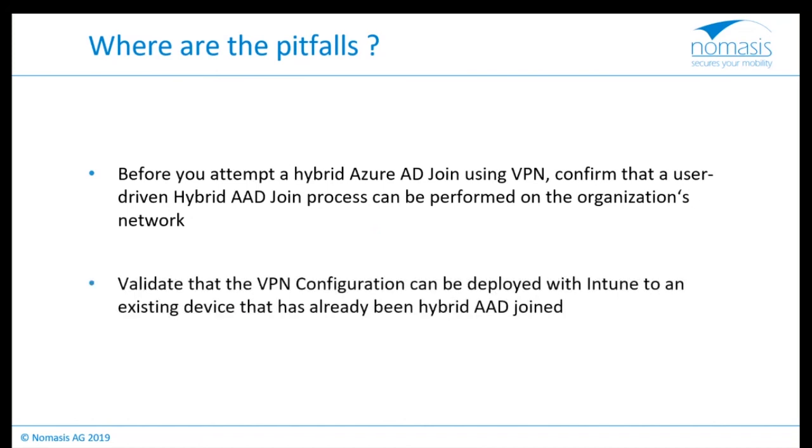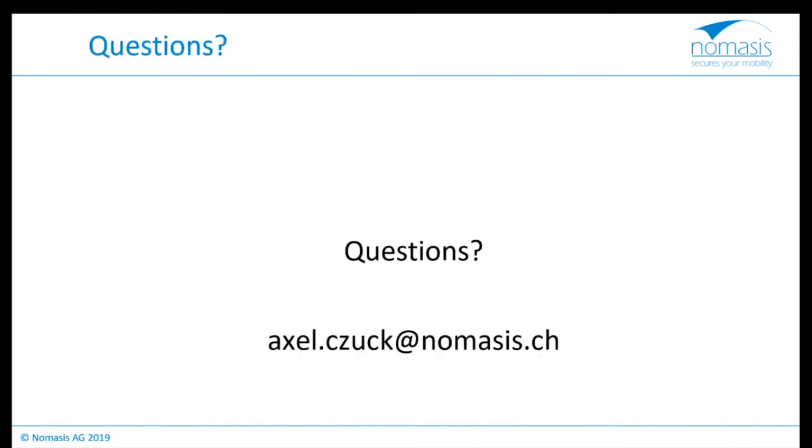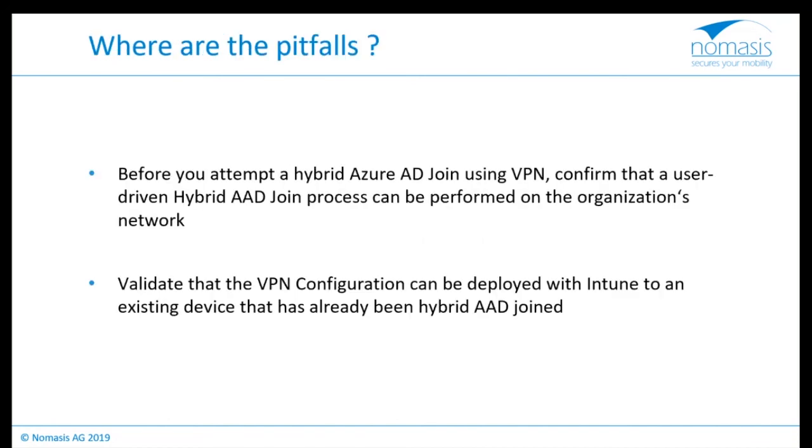And second, validate that the VPN configuration can be deployed with Intune to an existing device that has already been hybrid Azure Active Directory joined. So these are the two pitfalls you should consider. And if both work independently of each other, both may also work in combination.